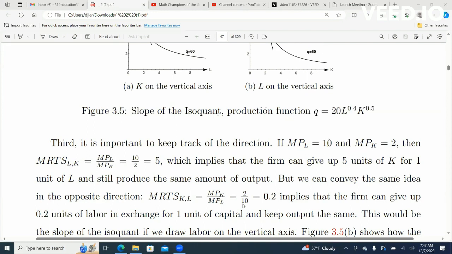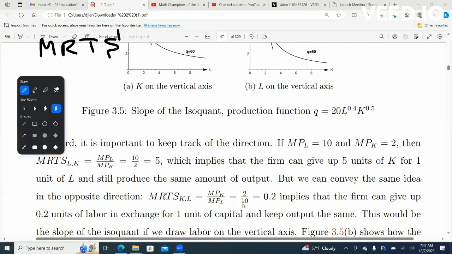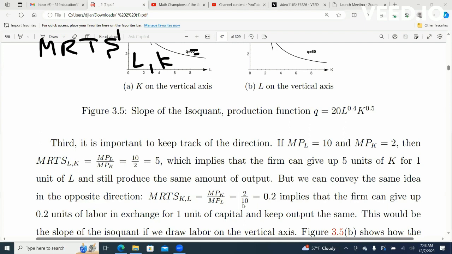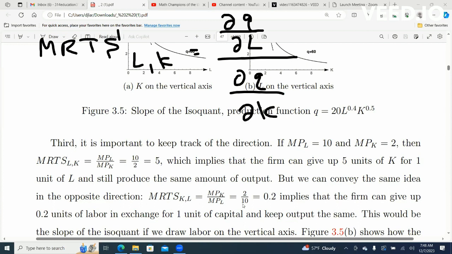MRTS with the graph on the left, therefore, L comma K is going to equal the partial of Q with respect to L divided by the partial of Q with respect to K.